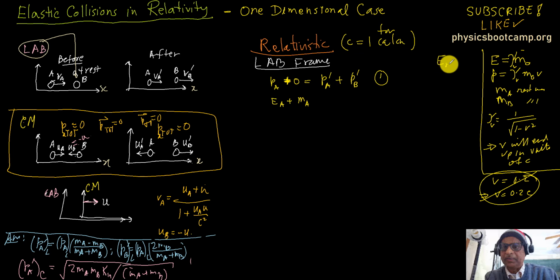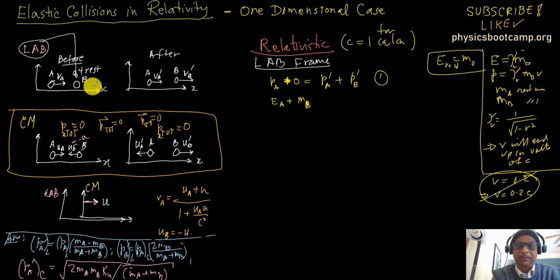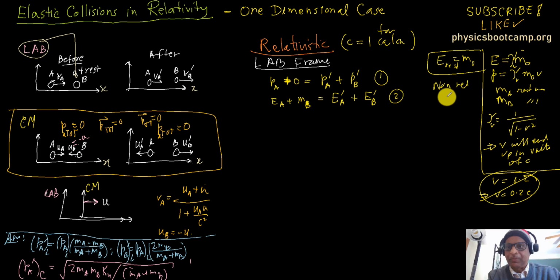The rest energy, where gamma is 1, is just m_0, so this is just M_B, because B is at rest. That equals the energy of A prime plus the energy of B prime. Remember that in non-relativistic, our calculation had kinetic energy as p squared over 2m.